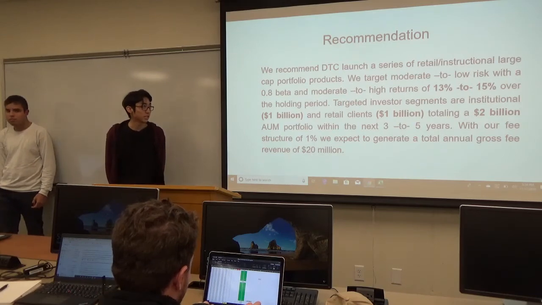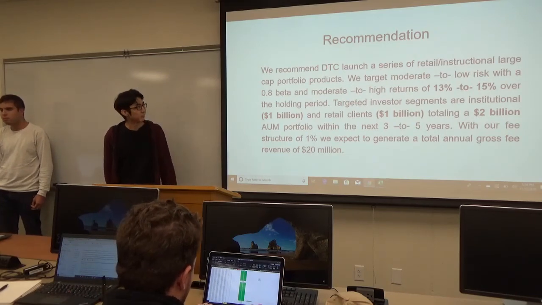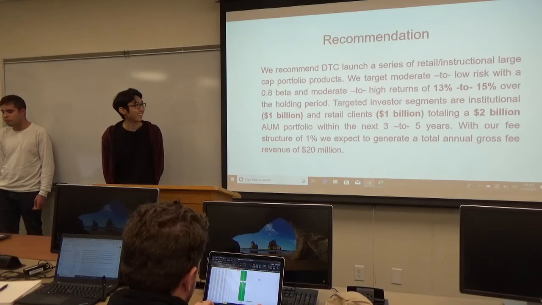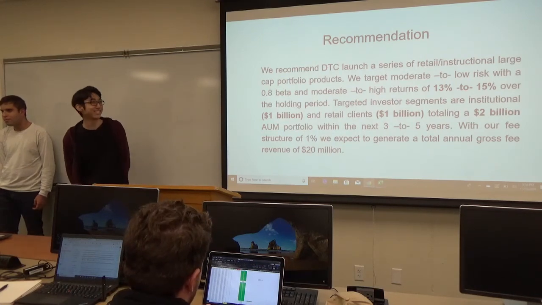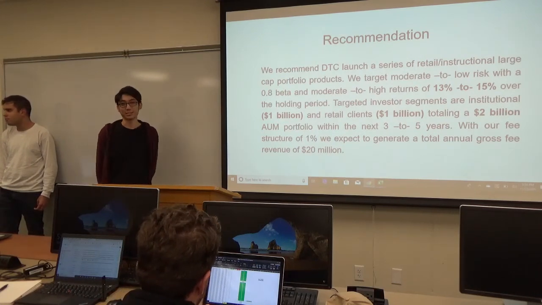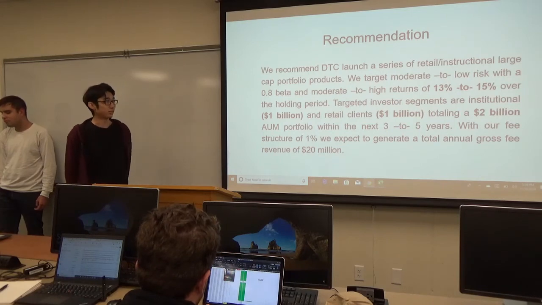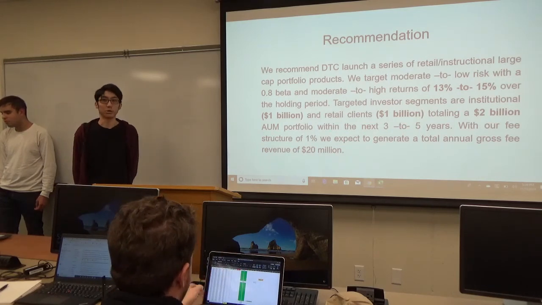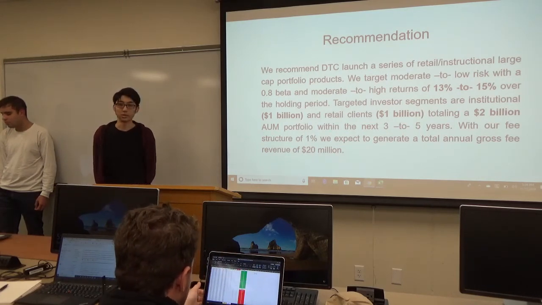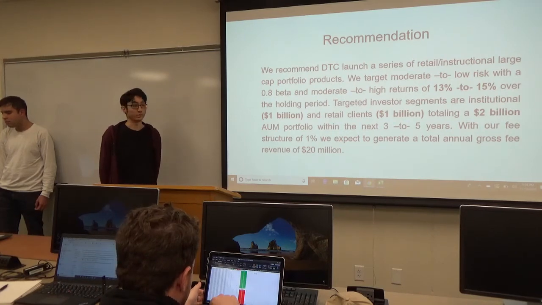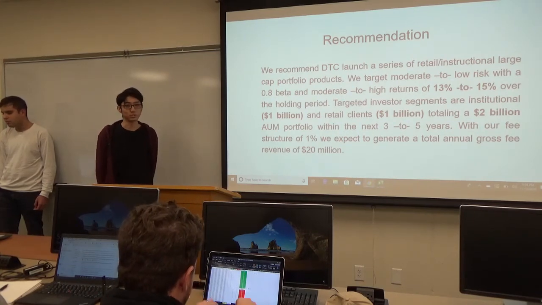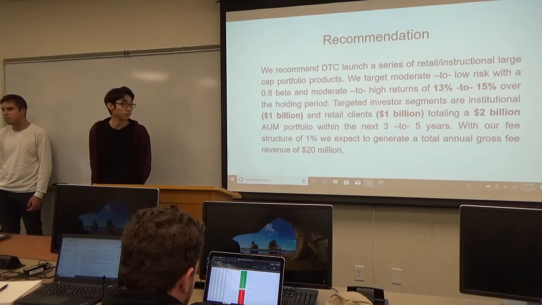So our recommendation is a series of retail and institutional large cap portfolio products with moderate to low risk at a 0.8 beta and moderate to high returns of 13 to 15% over the holding period.